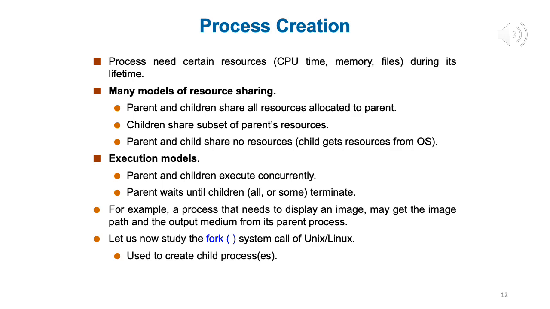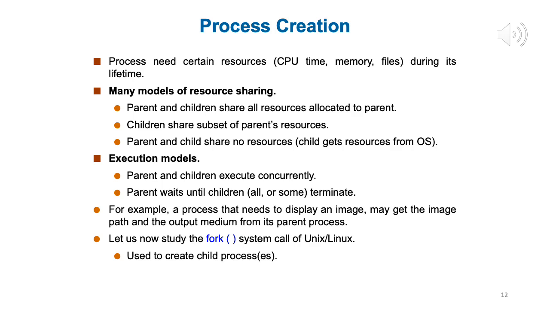So parent and child share all resources which are allotted to the parent. That's one model. Another model is that children share a subset of the parent's resources. So maybe the child nodes get their own CPU cycles, but they share the memory space, right? So in this model, children share a subset of the parent's resources. Maybe they don't share CPU, maybe they don't share memory.